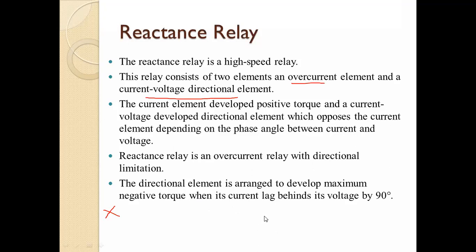So when we are considering the torque production, the directional element is producing the negative torque, and the current lags behind its voltage by 90 degrees. So this is your V and this is your I. This is producing the negative torque.